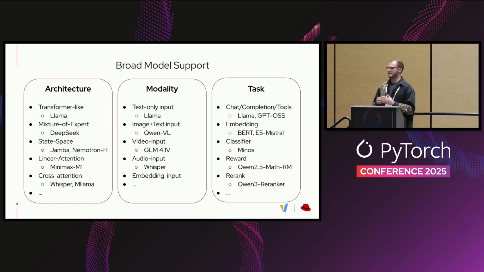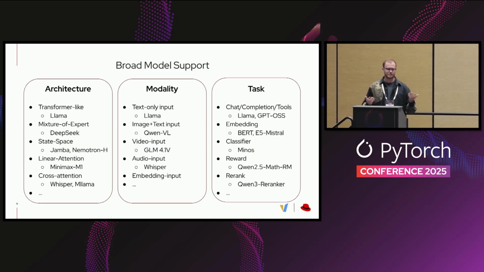We're able to expand and provide many more different types of interfaces. Also the embedding API, or offering classifiers, or reward models, useful for RL, or re-ranking for use in vector databases and RAG. So we're able to support many different transformer models because of these basic ideas of how to efficiently run transformers.